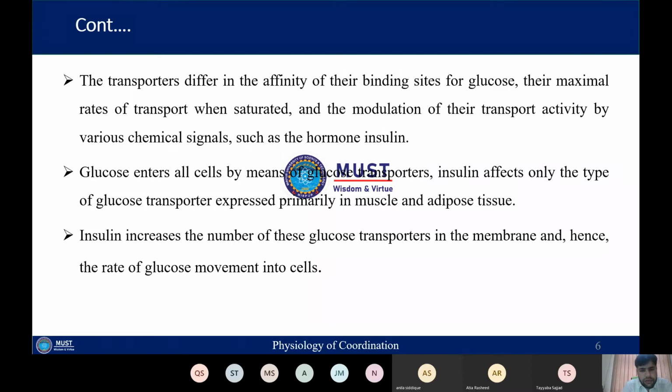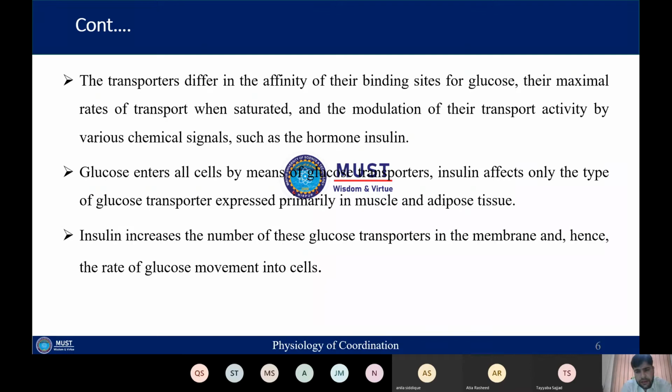Glucose enters all types of cells with the help of these transporters, which are called GLUT molecules, GLUT2, GLUT4. And insulin, as I have told you, affects some specific types of glucose transporters, those expressed in the muscles and the adipose tissues.